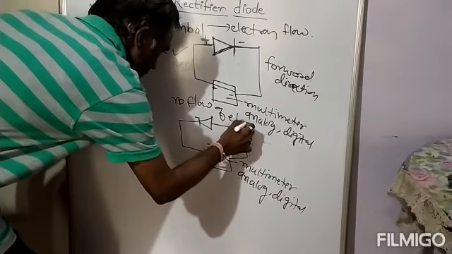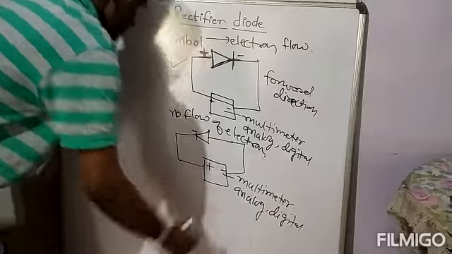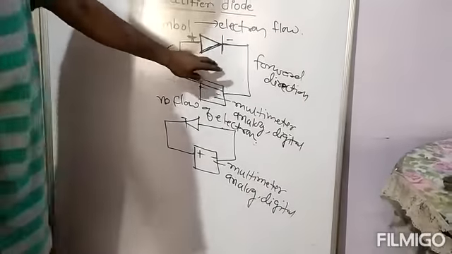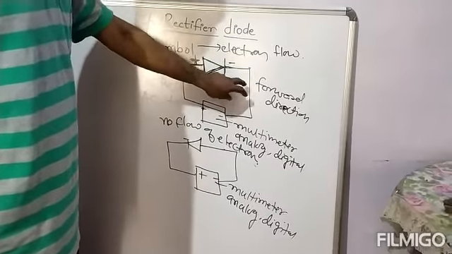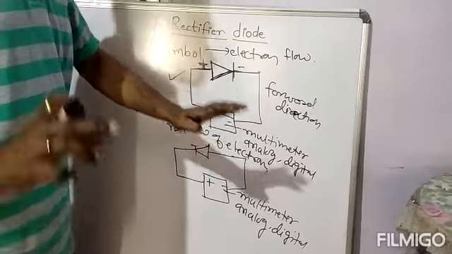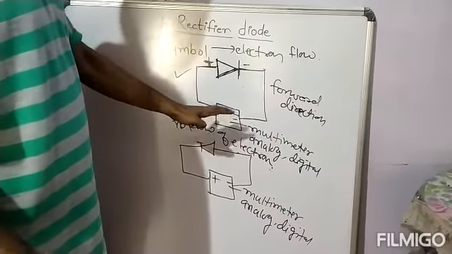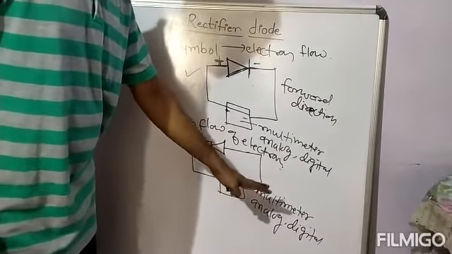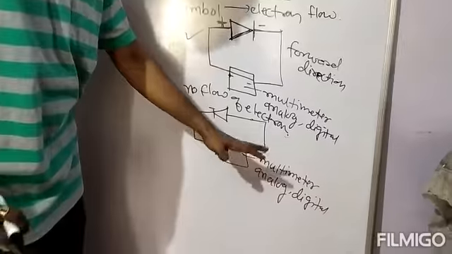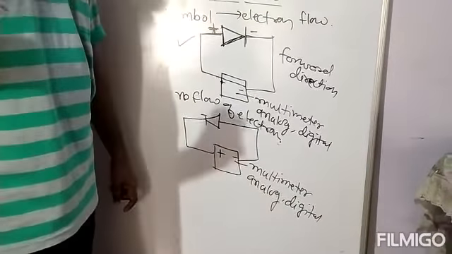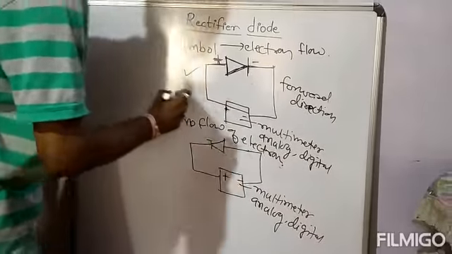So always keep in mind that diode always works in forward direction, and whenever we connect diode in reverse direction, the circuit is always open circuited.